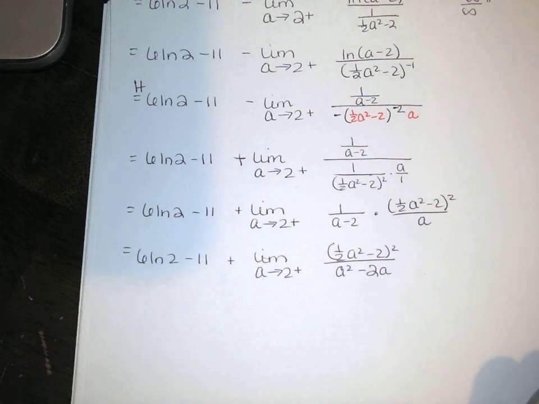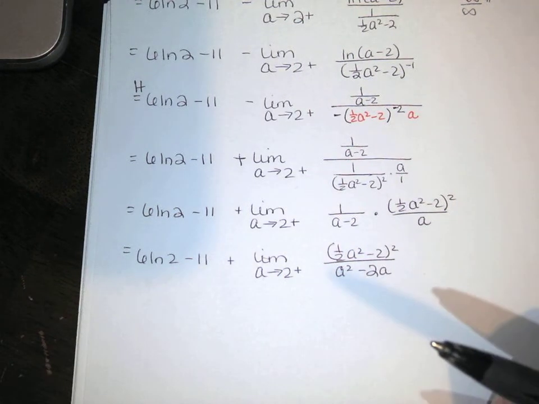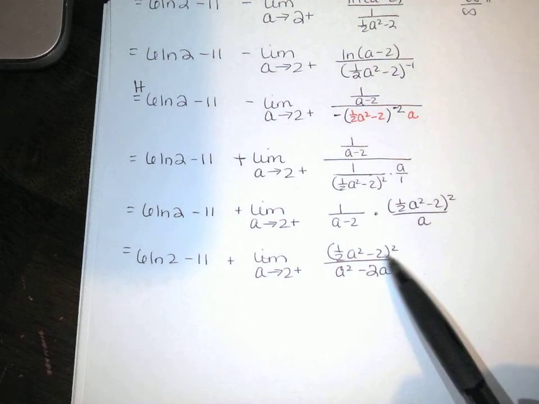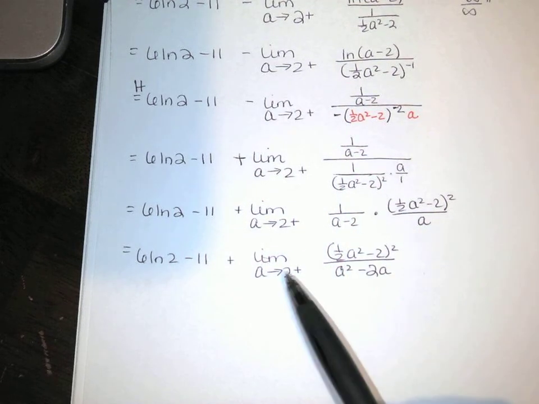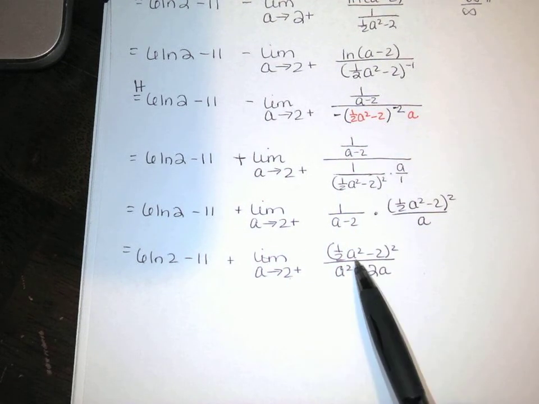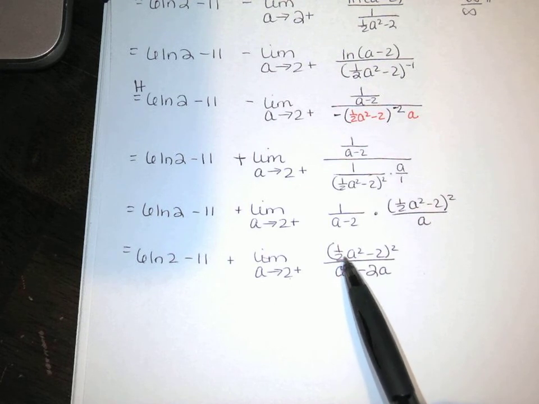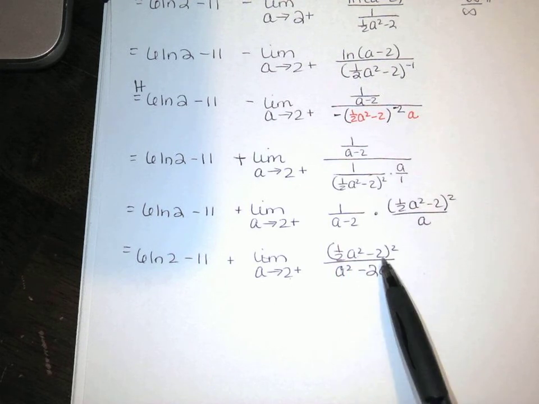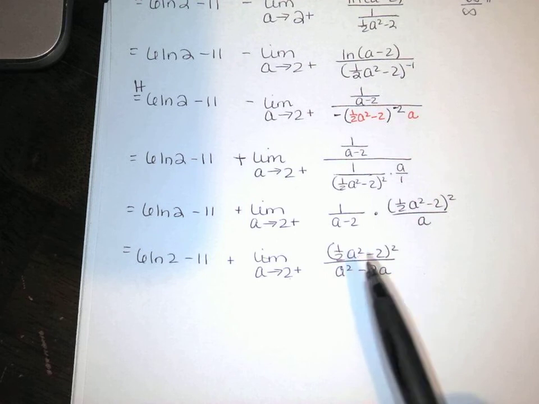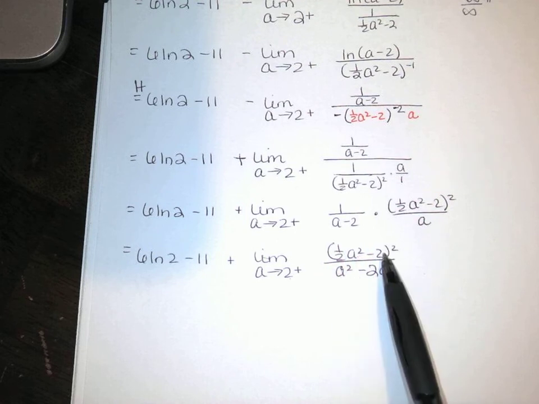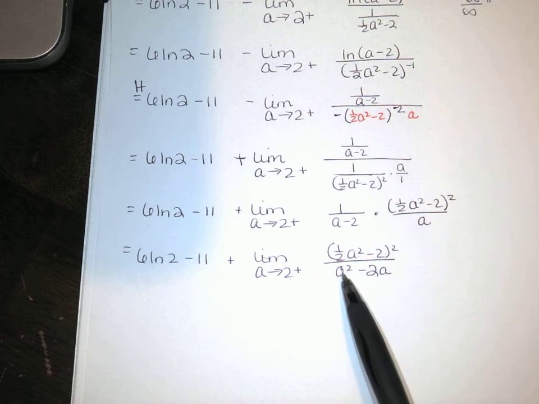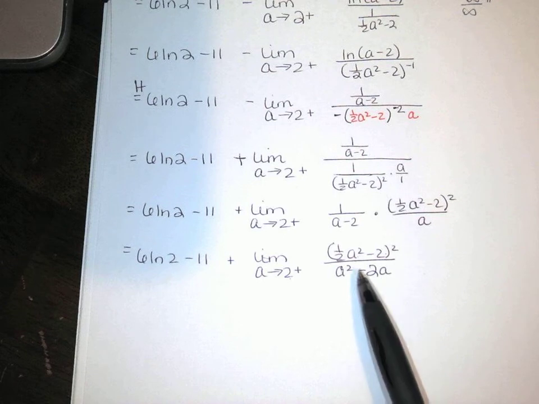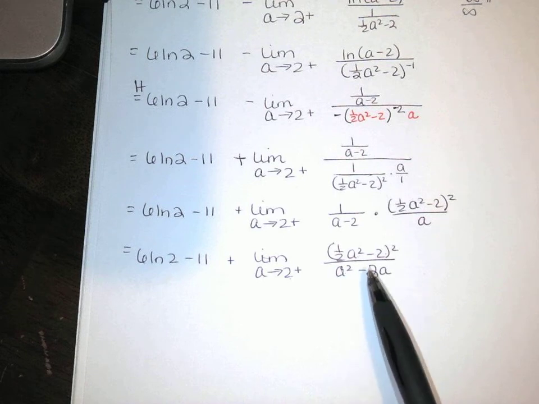Question: is this still an indeterminate form? If I plug in a equals 2 in the numerator now, I still have 4 times 1/2, which is 2. 2 minus 2 is 0. So I've got 0 squared. So I've got 0 there. And 2 squared is 4, and 2 times 2 is 4, so I've got 4 minus 4, so that's also a 0.